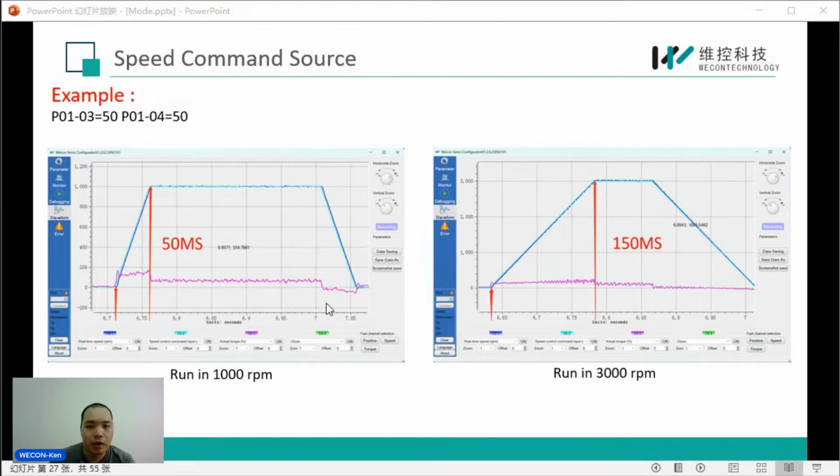The purple curve is torque. In this situation, no load, only accelerating, you can think of this as acceleration.